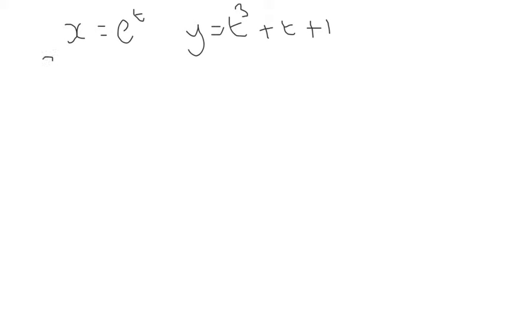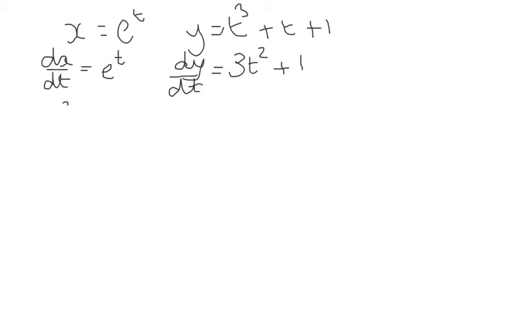First derivative, dx/dt, e to the t stays the same when you differentiate, and dy/dt, differentiate: 3t squared plus 1. For dy/dx, we divide 3t squared add 1 by e to the power of t. That's our first derivative.